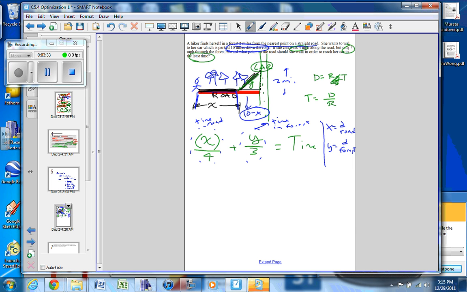And we know that this is 2 miles here. So looking at this right triangle, we know that Y squared equals (10 minus X) squared plus 2 squared. So Y equals the square root of (10 minus X) squared plus 4.